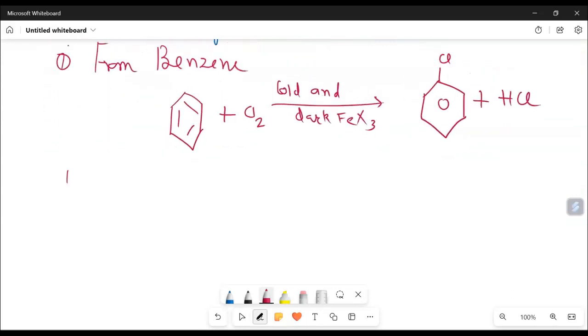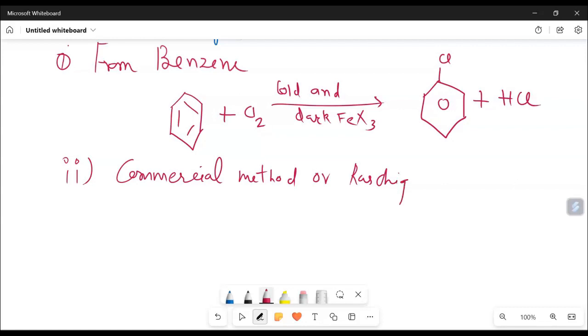The second method, which is very important for commercial purposes, you can write down as the commercial method, for large scale, also known as the Raschig method. Suppose you have benzene.